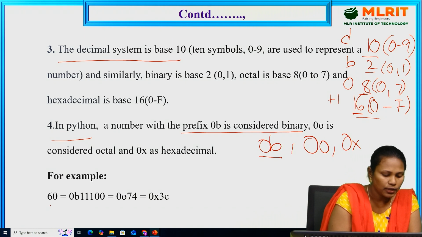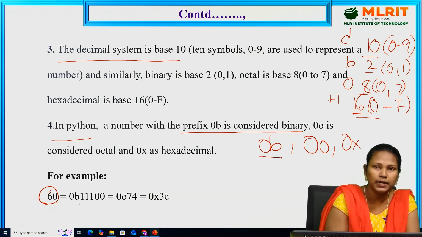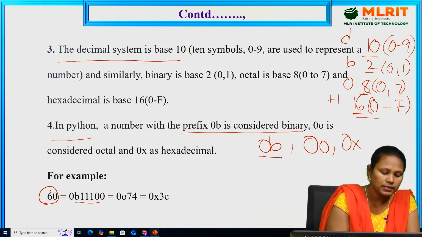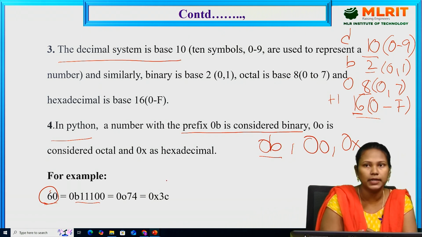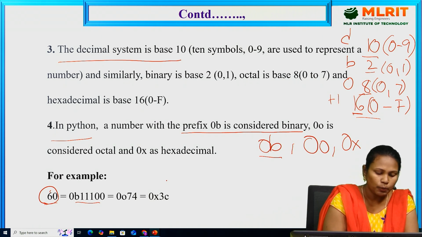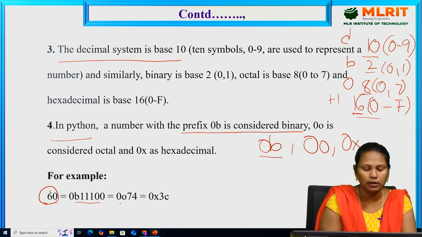Here I have given one example, 60. The decimal number is converted into a binary number, an octal number, and a hexadecimal number. So the prefix 0b means a binary value, 0o means an octal value, and 0x means a hexadecimal value.